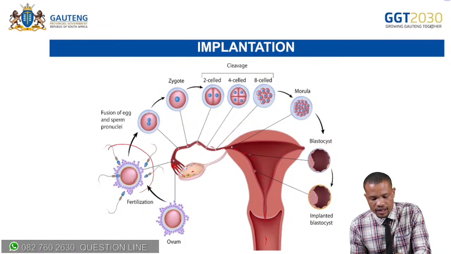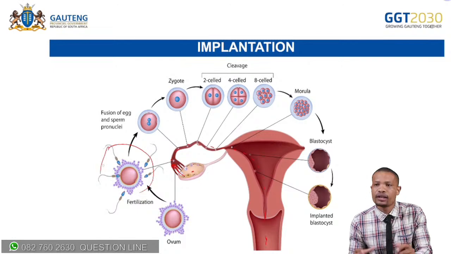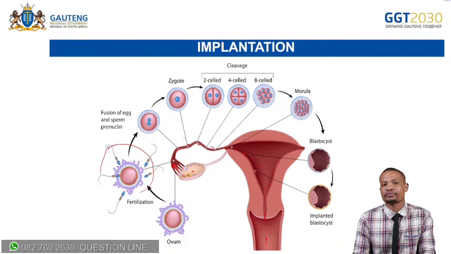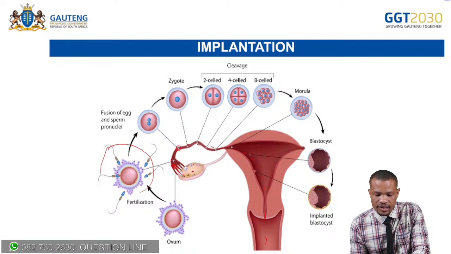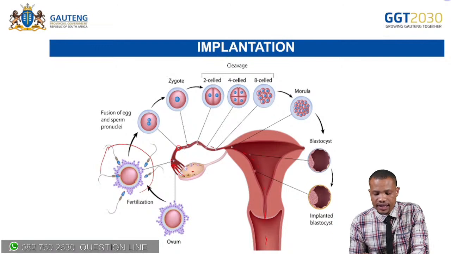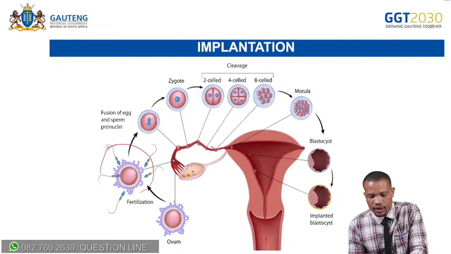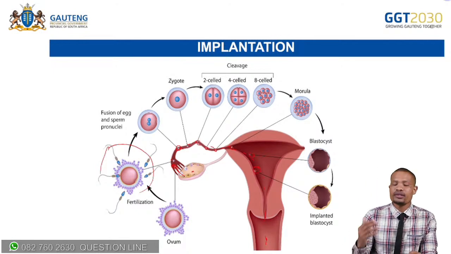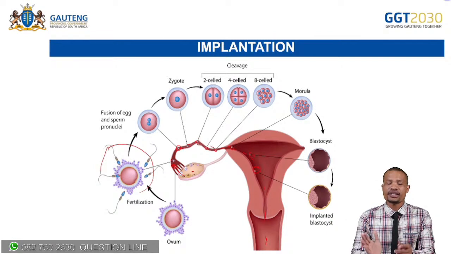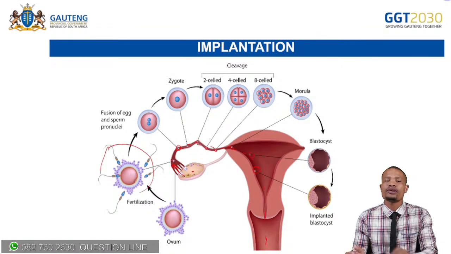As you can see here, it's like a zoomed version of the illustration where you have one sperm fertilizing the egg, and then it starts to move and divides. There's cell division taking place. You have one cell, then two cells, then four, and many cells as it moves down the oviduct. Then eventually it finds its way to the walls of the uterus where it sinks. The uterus provides a shelter for the baby to grow. So it's no surprise that the fertilized egg sinks into the walls of the uterus.